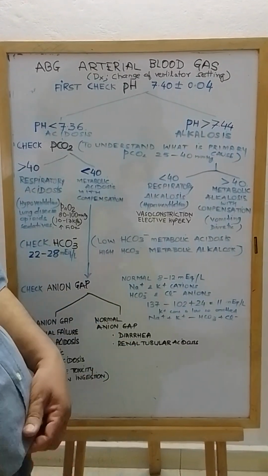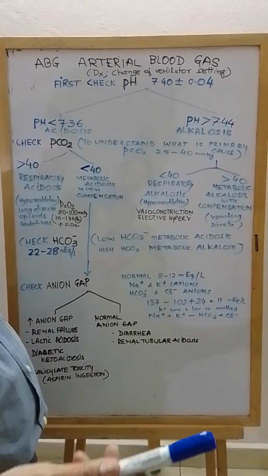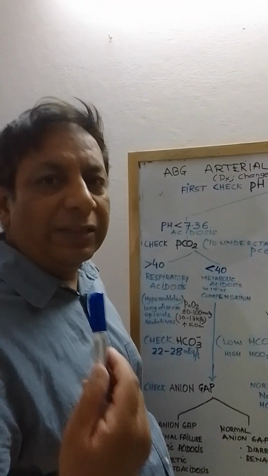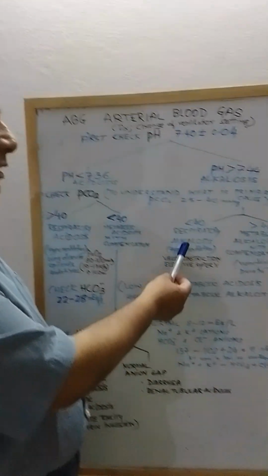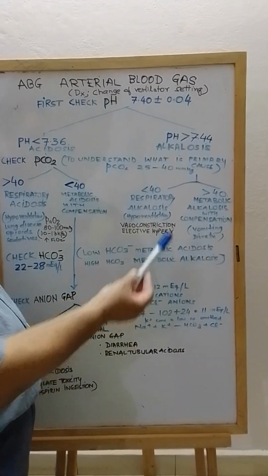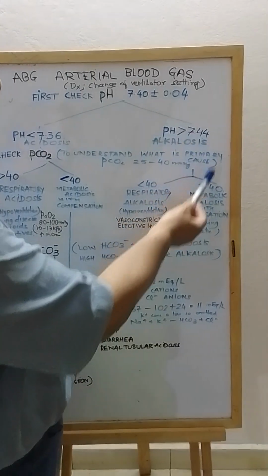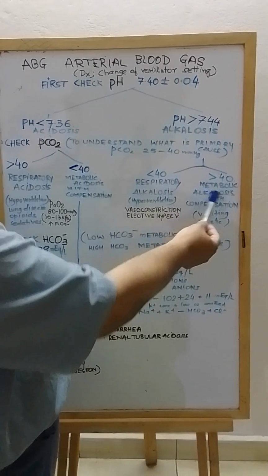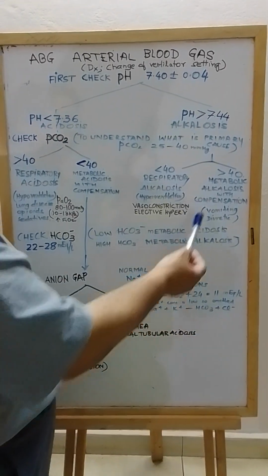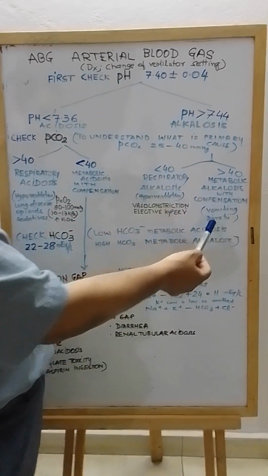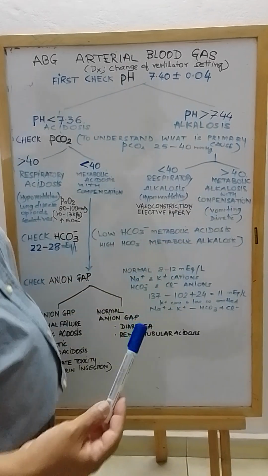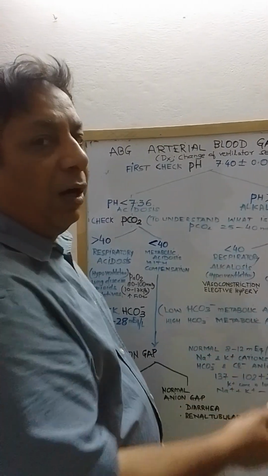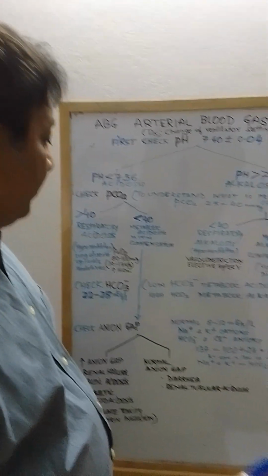It is very commonly seen in the emergency setting that patients hyperventilate and wash out the carbon dioxide, which leads to alkalosis. And if there is alkalosis and the PCO2 is not low, then it is because of a metabolic cause, and there may be some compensation. The common causes of metabolic alkalosis are vomiting or diuretic use.